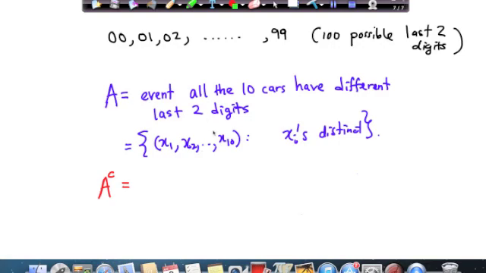Now, what can we say about the complement of A? Well, this is the event such that there will be at least two cars having the same last two digits. So the event that there exist at least two cars with the same last two digits.